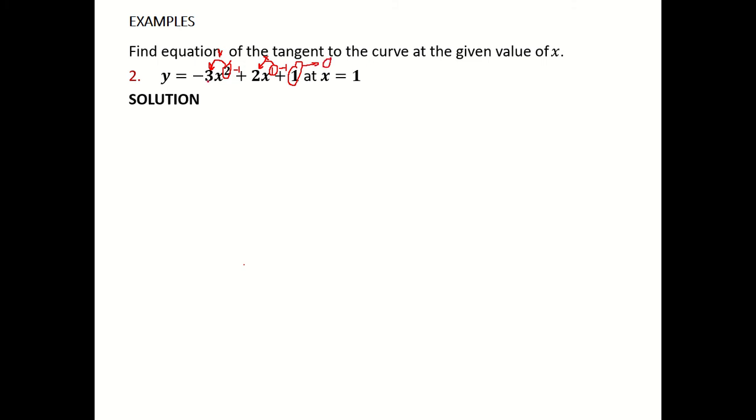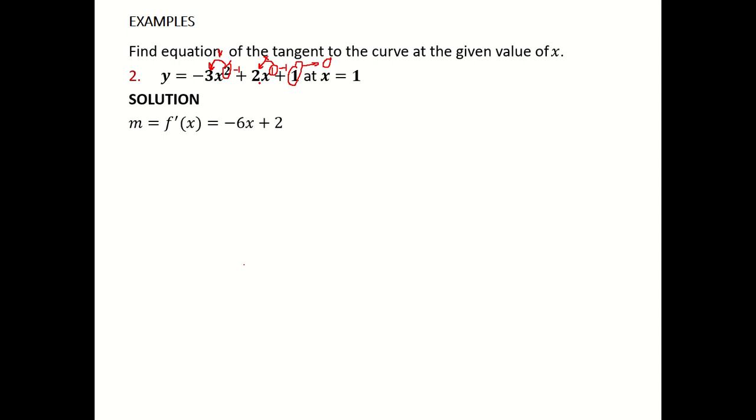Two times -3 is -6, and from 2 I'm going to -1. 2 times 1 is 2, and from that one I'm going to -1, so basically I'll be left with 2. So my derivative will be 6x plus 2.